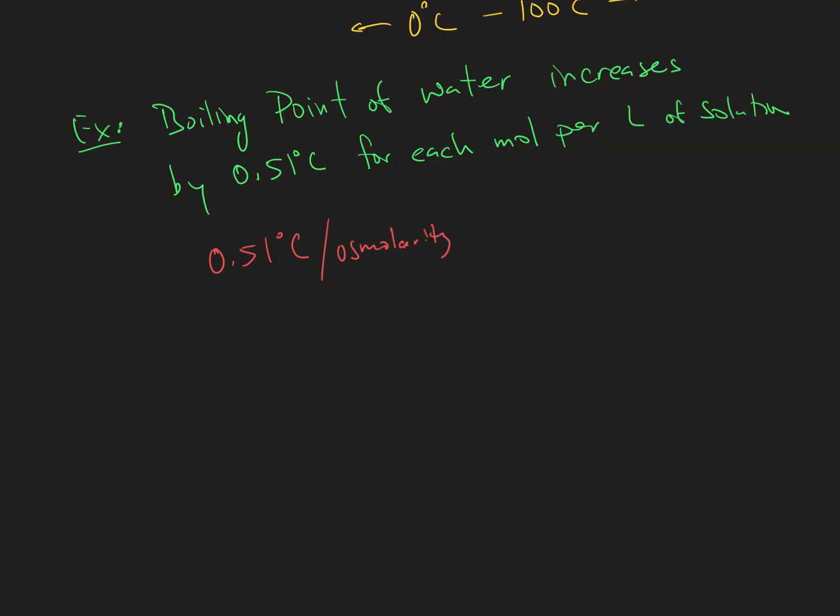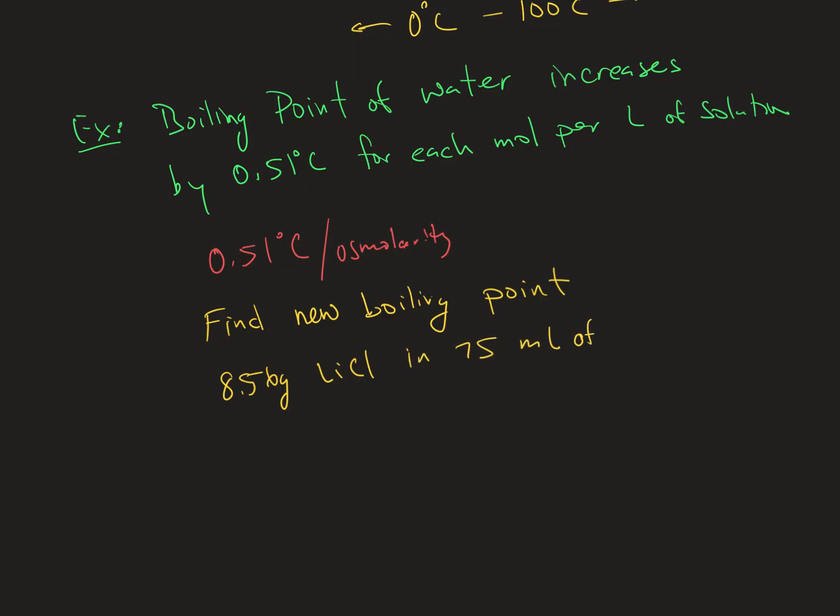So that's not the problem. Here's the problem. Find the new boiling point if we have 8.56 grams of lithium chloride in 75 milliliters of solution.